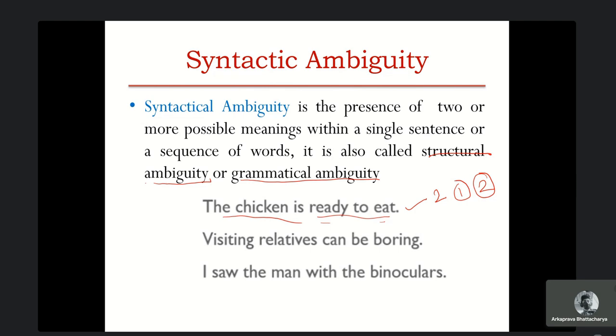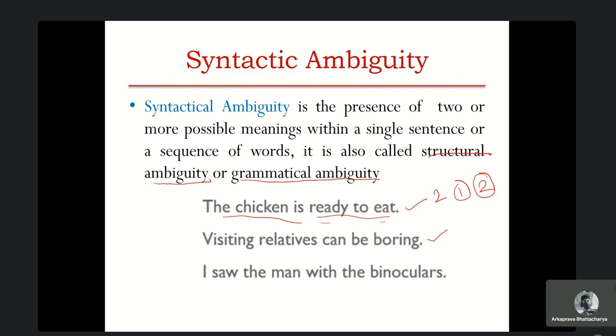Whenever you are trying to generate sentences, you need to understand the context in which they are being used. So if I look into this sentence, I can interpret two different forms. Either the chicken is cooked and ready to eat, or food is being served to the chicken and it is ready to eat.